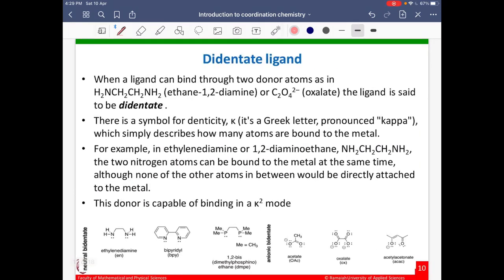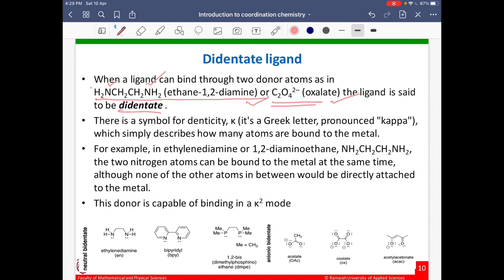In a didentate ligand, the ligand can bind through two donor atoms, as in the case of ethylene diamine, where there are two nitrogen atoms which can bond to the central metal atom. Or oxalate, where two donor atoms can interact with the central metal atom. Then this type of ligand is said to be a didentate ligand.